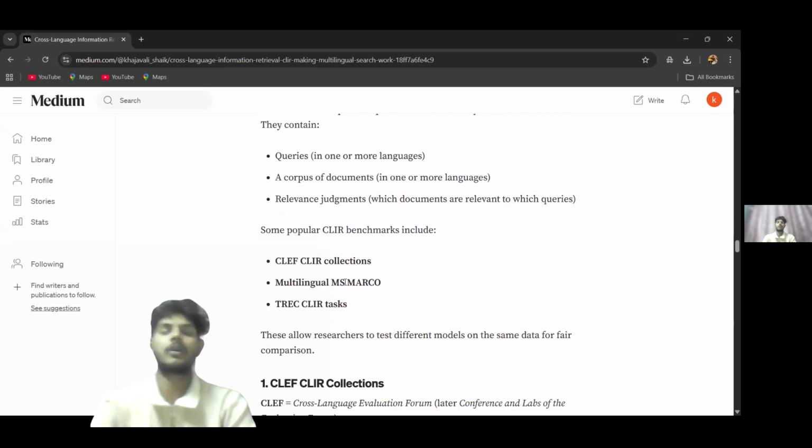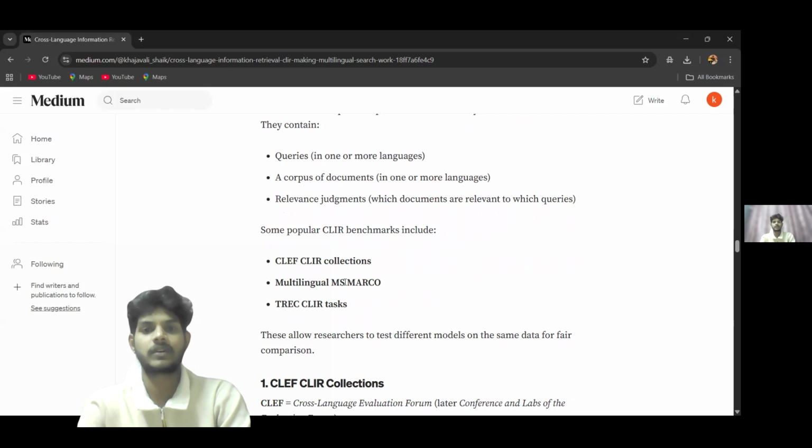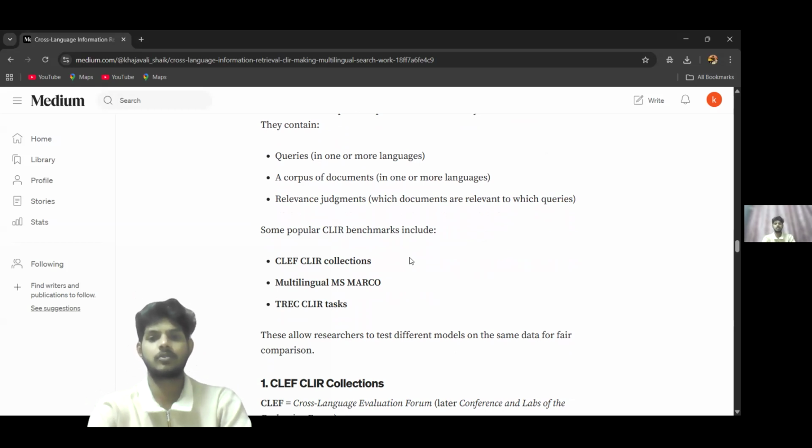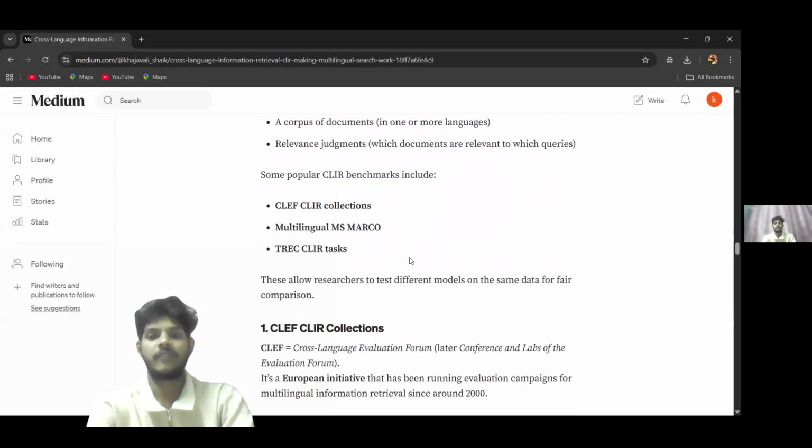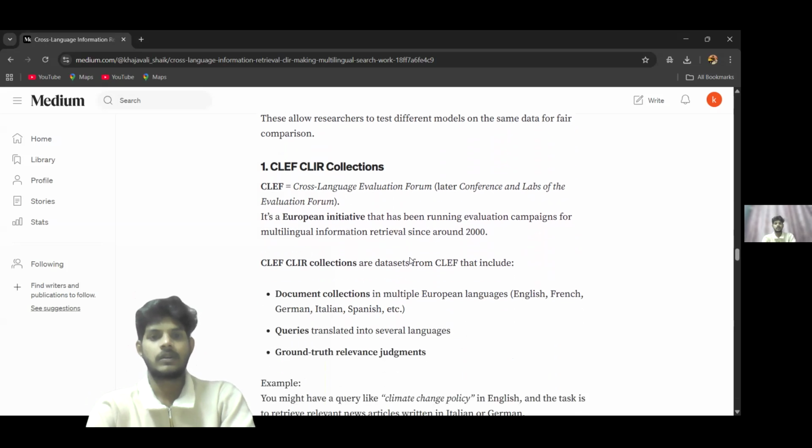Some popular CLIR benchmarks include the CLEF CLIR collection, multilingual MS MARCO, and TREC CLIR tasks. These allow researchers to test different models on the same data for fair comparisons.